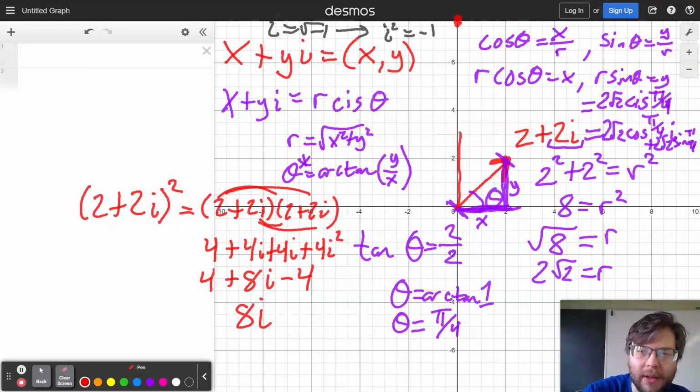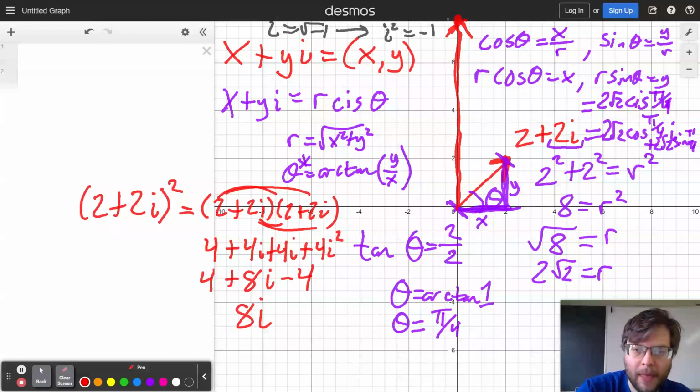Well, what happened to my complex number? Well, two things changed. My old theta was 45 degrees, and my new theta is 90 degrees. My old r was the square root of 8. My new r is 8. Okay, so there were two things that happened here.